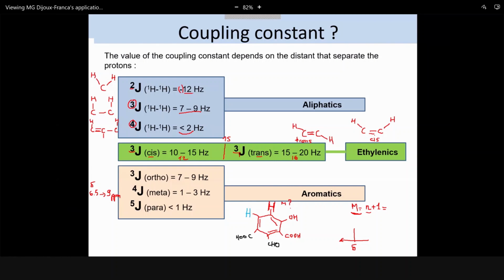The question is, what is the value for n in this case? In this molecule, how many protons do you have on the aromatic ring? I don't talk about these other protons, okay? I talk about the protons on the aromatic ring.